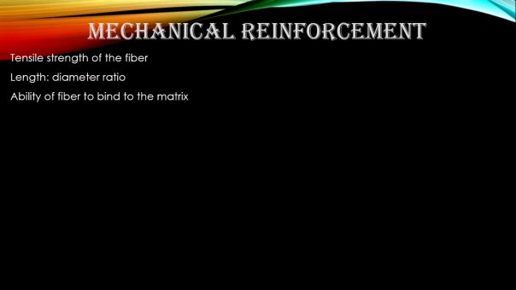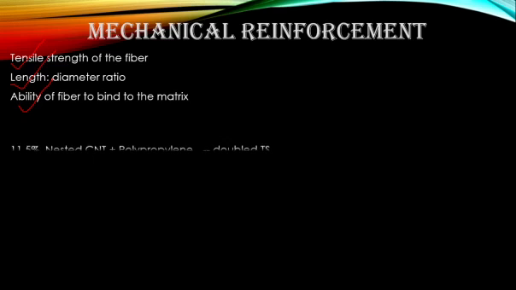So these are the three things a fiber should have to act as a better mechanical reinforcement agent. What are they? Tensile strength must be higher, length to diameter ratio must be higher, and it must have high ability to bind to the matrix.